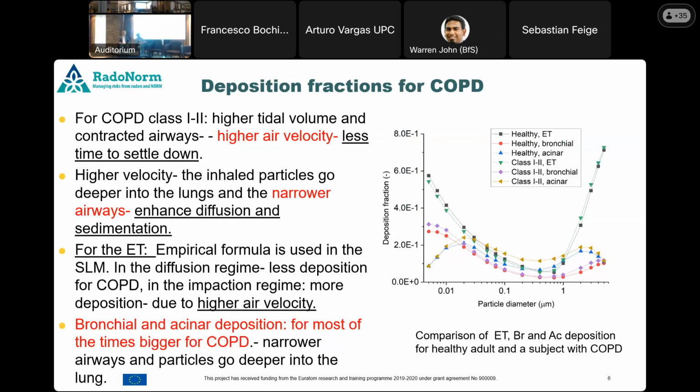But the higher air velocity also results in the particles going deeper into the lung, so less is exhaled. As a result of these two things, both the bronchial and the acinar deposition are higher for COPD, also for the weaker severity classes, but for class 3 it's almost even more. Yes.